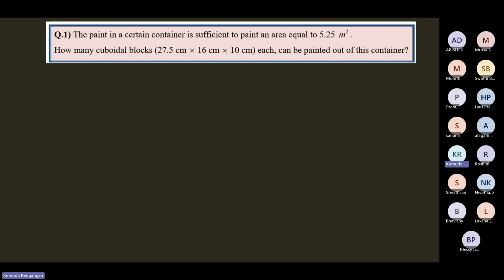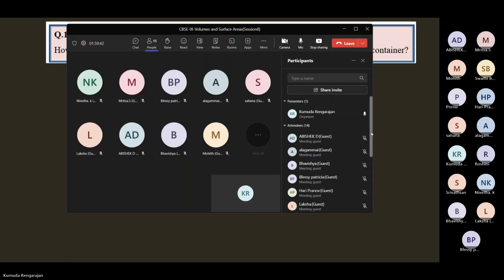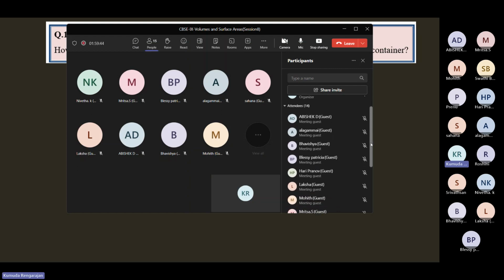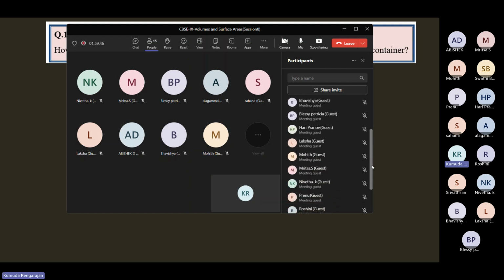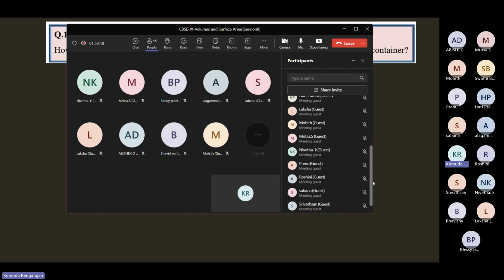All right. So I think some of us are not in the meeting today. I think all of you have shared the images. That's great. All those present in the meeting have shared the images. Thank you so much for the response. Aniruddhan is not there.